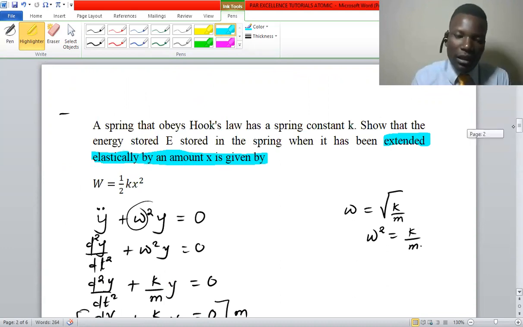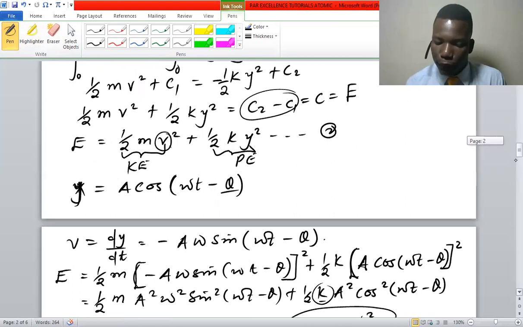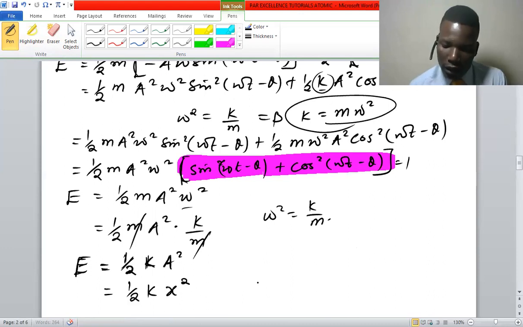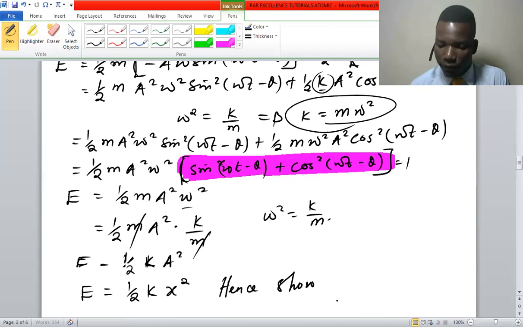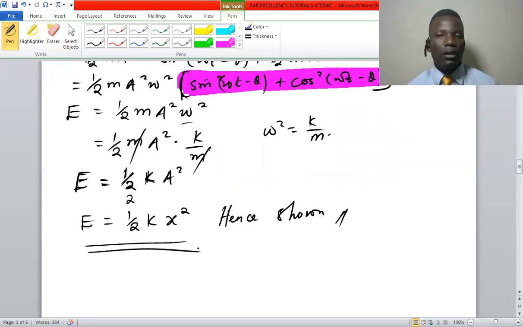It has been extended to that, having that amplitude equal to X. So half K X squared. It's shown. So this is how we derive that one. It's not difficult, it's just easy. You just follow the steps.